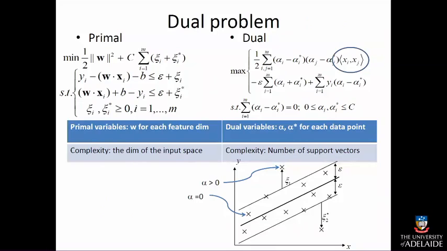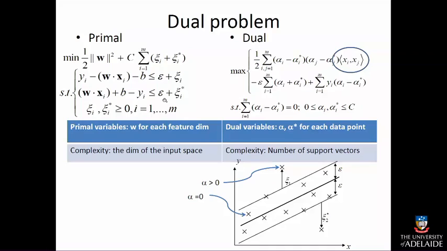And as in the case of support vector classification, we don't need to explicitly know the mapping function, right? The idea is that instead of solving the original problem, we can solve the dual problem, okay? When we solve the dual problem, we just apply this kernel trick. We just calculate this so-called kernel function, right? So we only need to know the nonlinear kernel function, instead of the mapping function, okay?